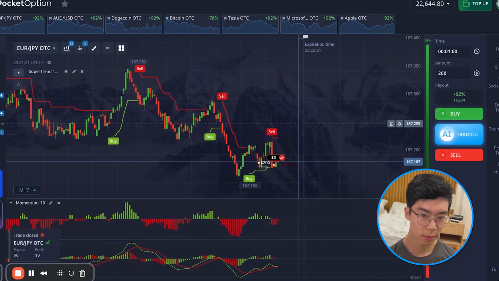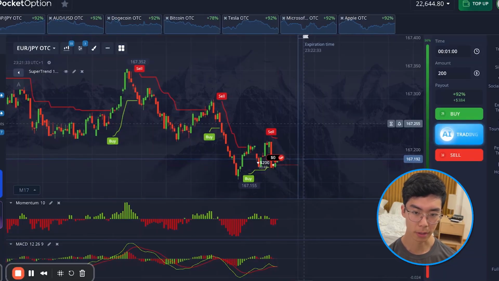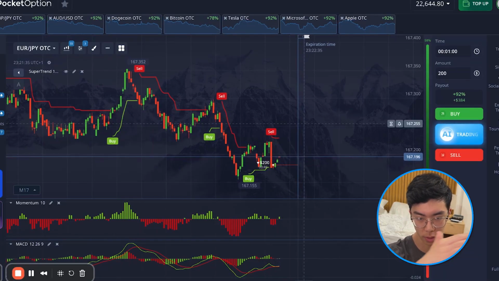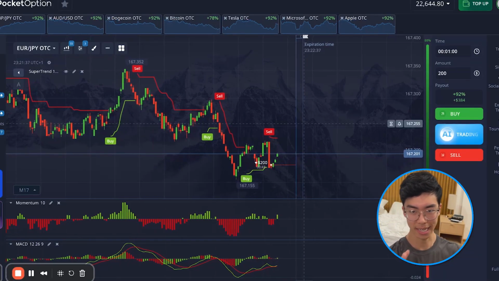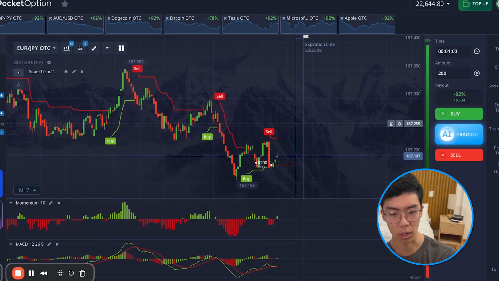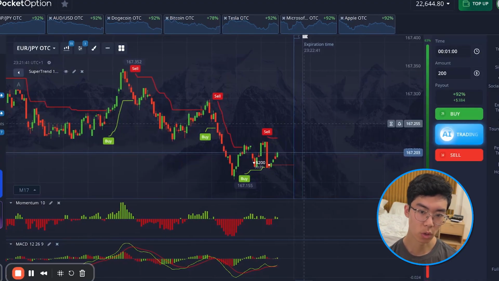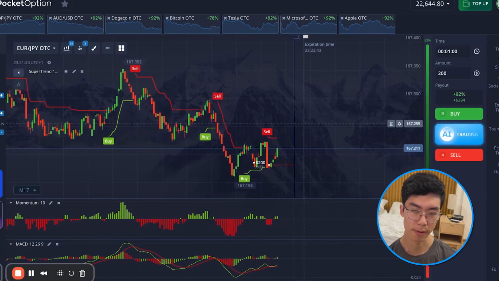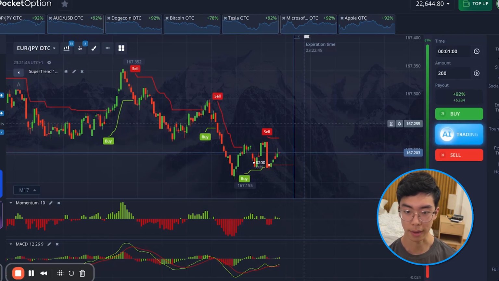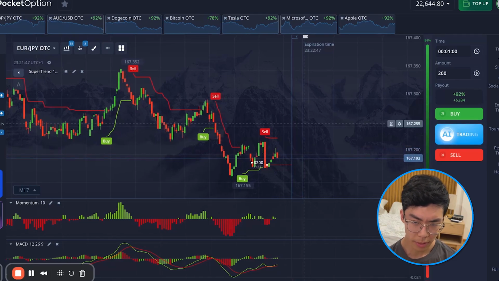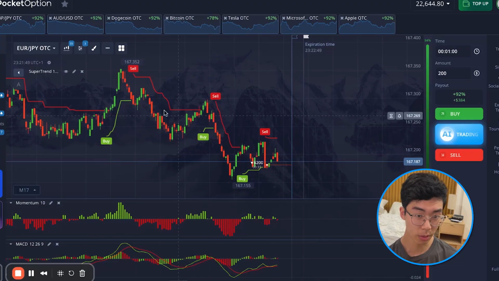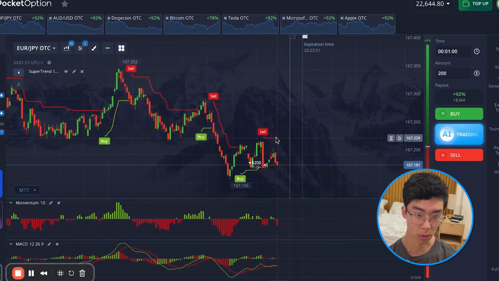I think the best way to do this trading strategy is to really just go with the trend. If you're seeing that everything is going downwards in the long run, you generally want to follow the trend. Here the sell levels last for a very long time, as you see.